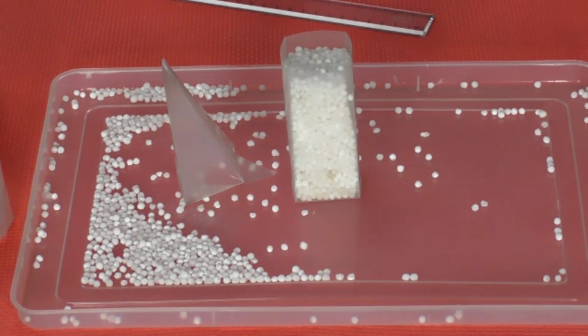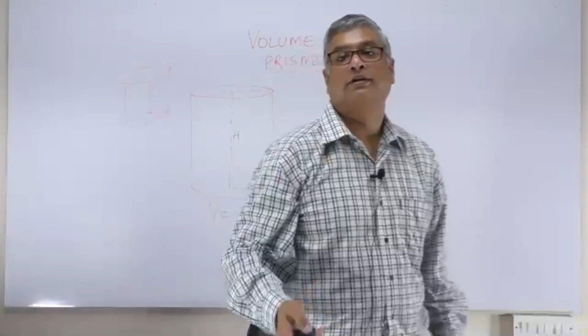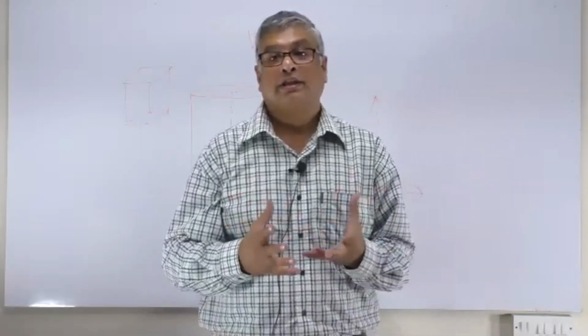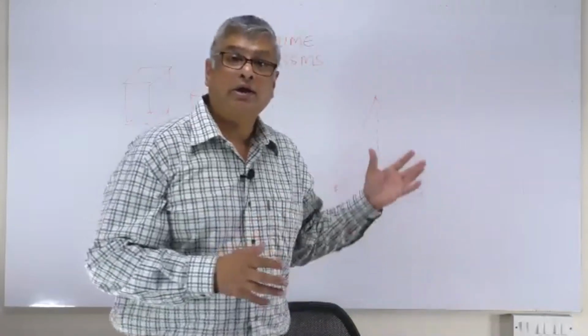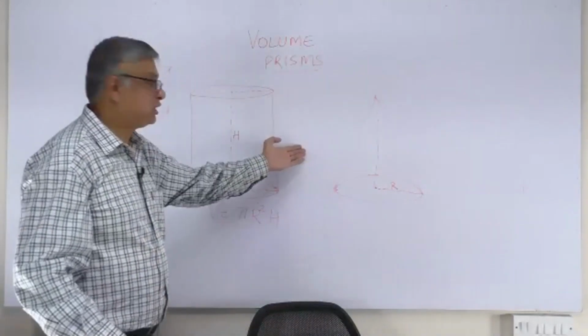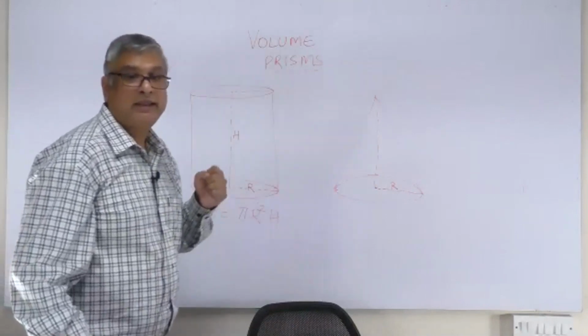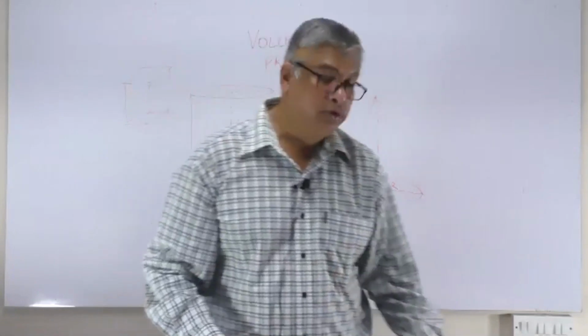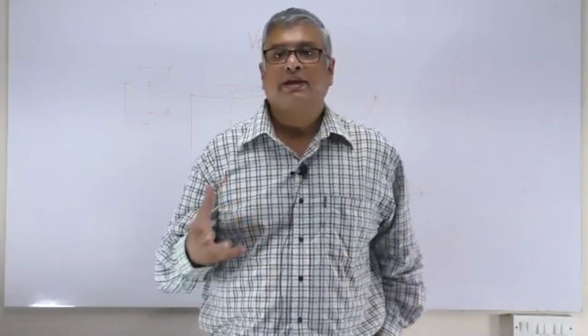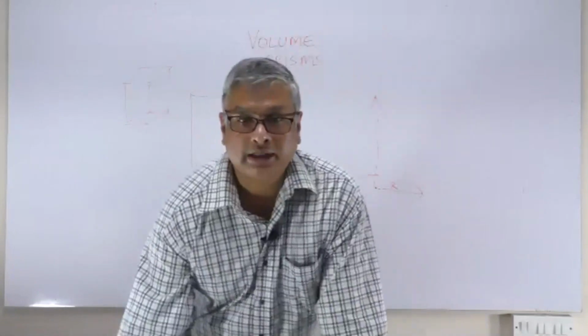So let me switch back the camera. You saw there is a relationship of 3 times between the corresponding pyramidal structure and the prism, and that gives us a powerful tool to generalize this formula to other cases.